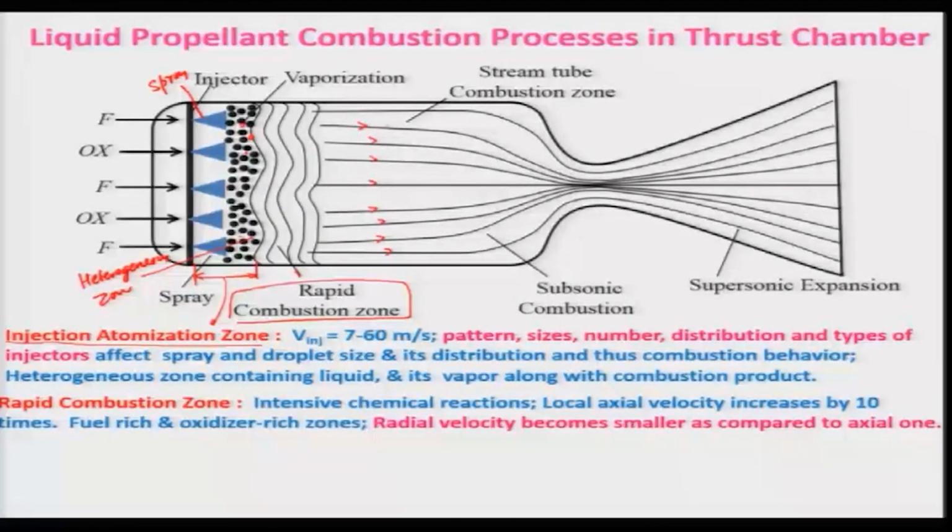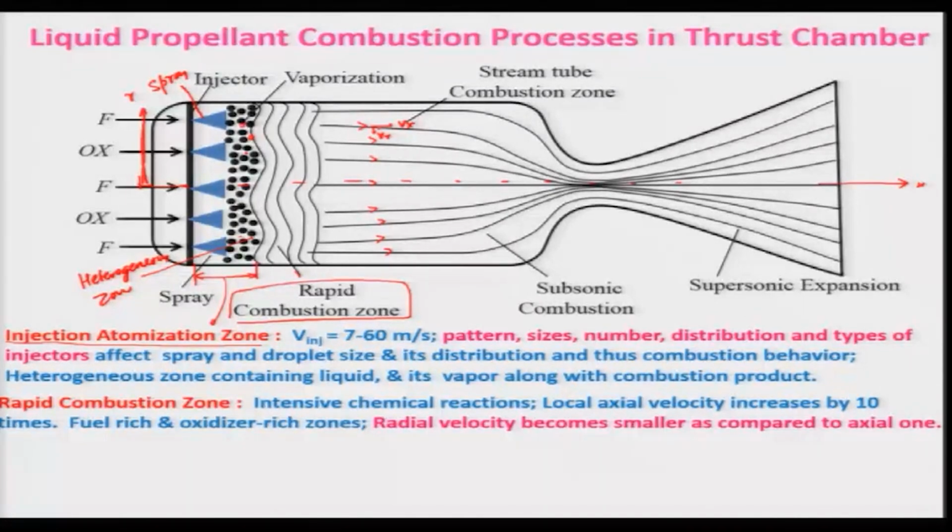If you look at the radial component, consider this as your x axis, and this is your radial direction. So the radial component, this is your V x and this is your V r.